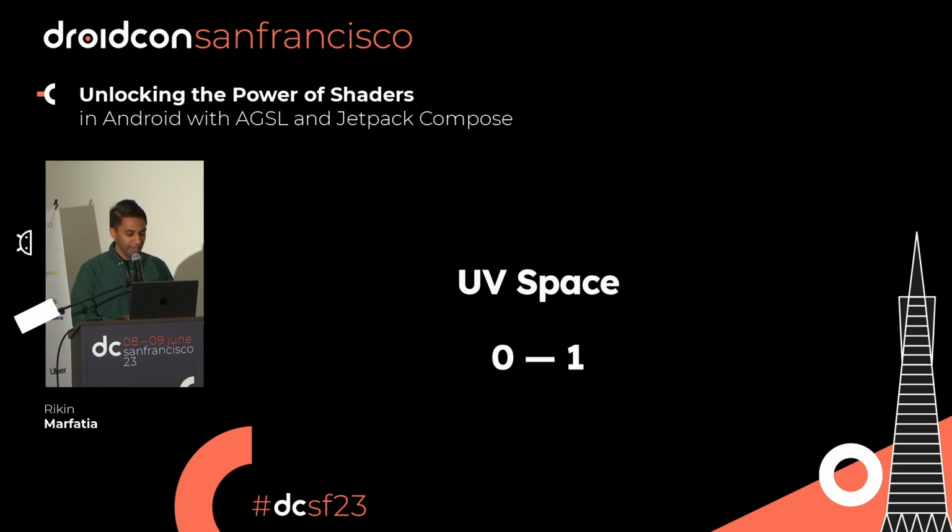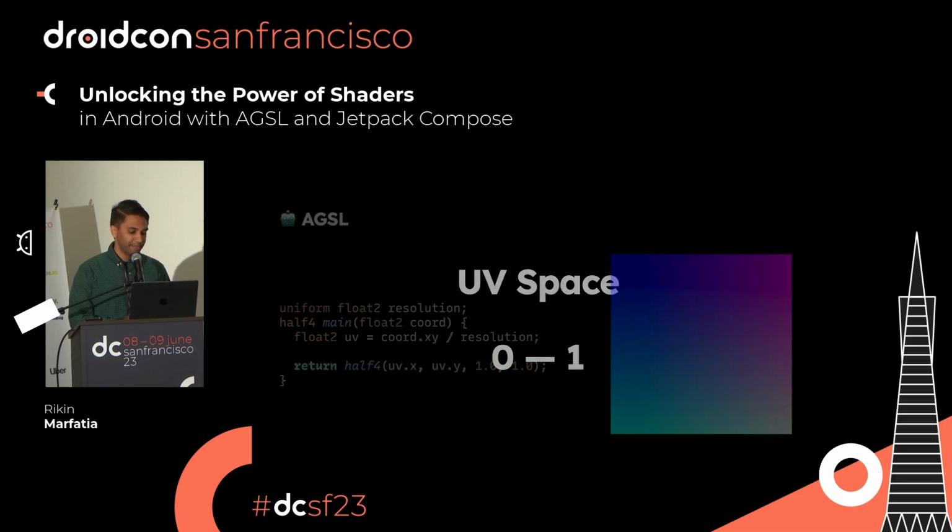So this is like the magical range. It also has a very interesting property where we can multiply two things that range between 0 and 1, and the result will also range between 0 and 1. So a lot of shaders are just combining functions and things that live within this realm.